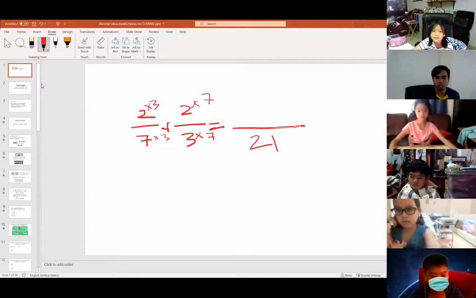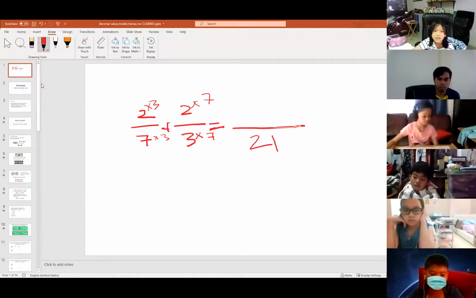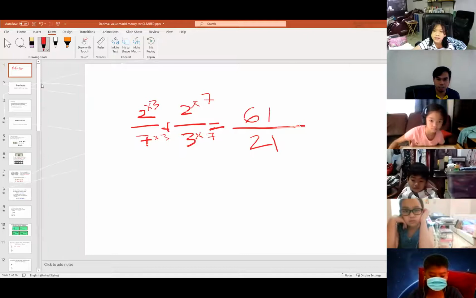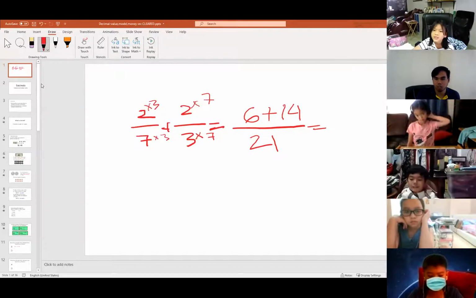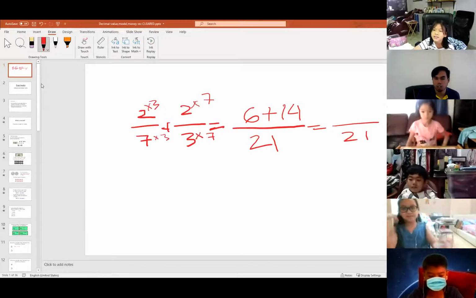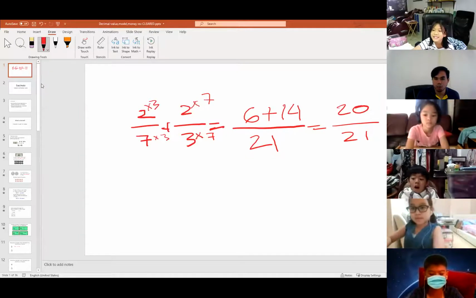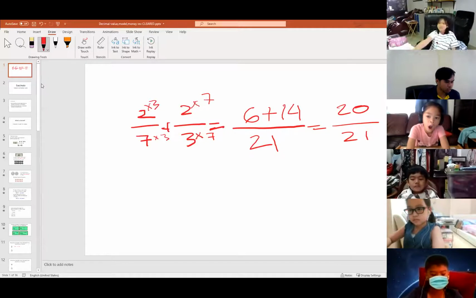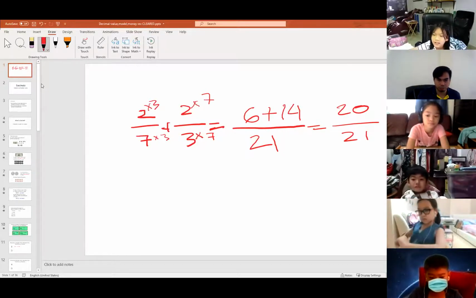Next, 2 times 3 is 6, plus 14. That's 2 times 7 is 14. So 20 over 21. Can you make it simpler? Simplify? No, because they're not multiples of each other.